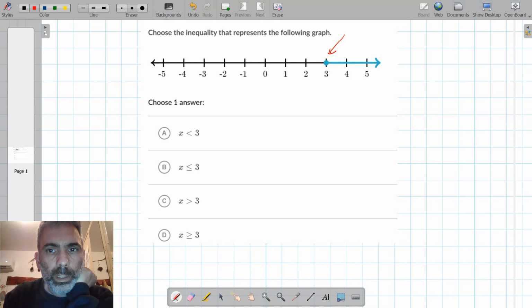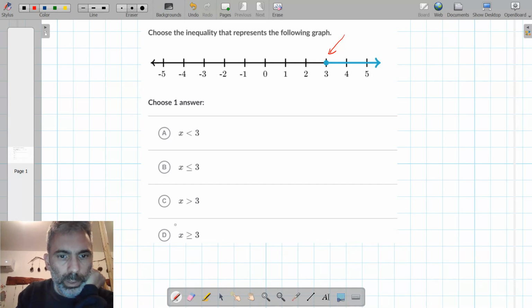So x needs to be greater than or equal to 3. So D is correct. C is not correct because here it says x is greater than 3, not including 3.